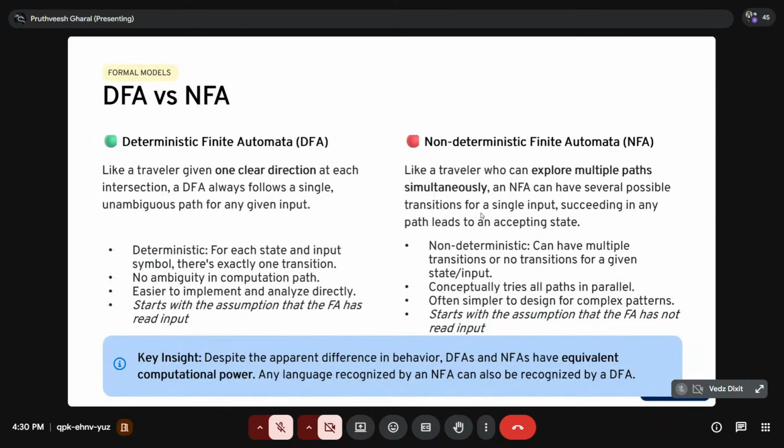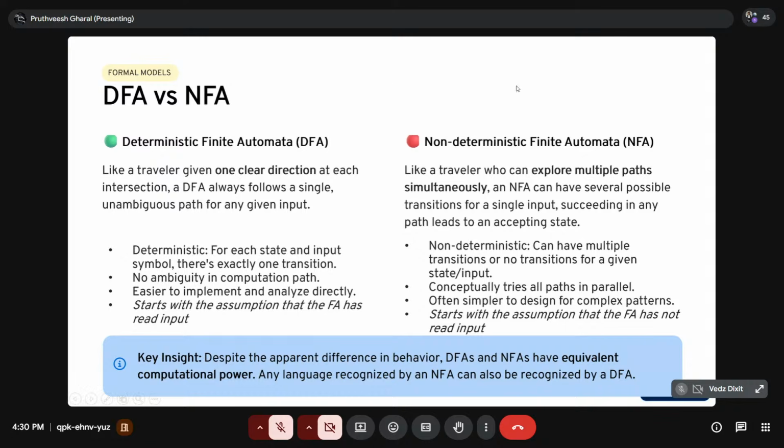Now that sounds confusing, but conceptually, whenever we think of designing something, we think in terms of what all the possible paths are that the machine can take. This is something we keep in mind when designing a non-deterministic finite automaton: we do not know when it will take the turn.